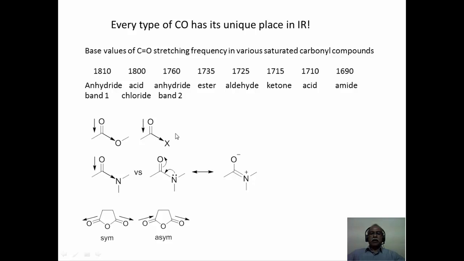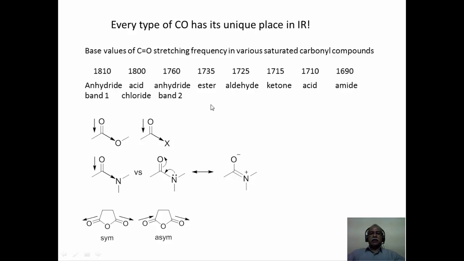Therefore, the bond order, or the bond strength, or the force constant of the carbonyl bond in the acid halide is much more than, for example, in the case of ester, and that is the reason the acid halide comes at a higher frequency compared to the ester.